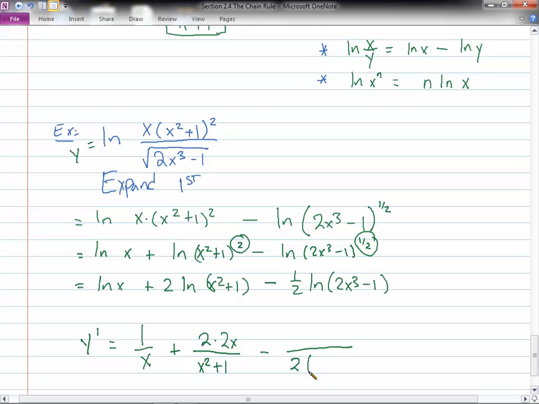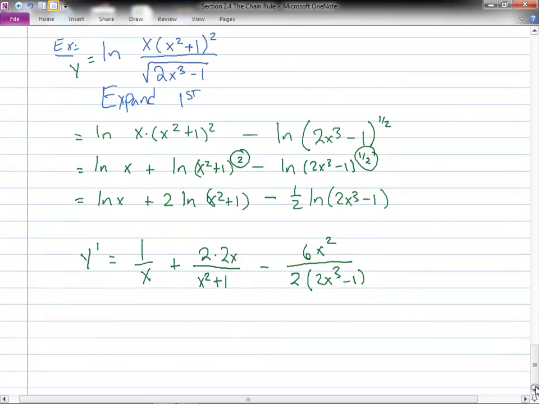You put the 2x cubed minus 1 down here, and you've got 6x squared on top. In other words, you have 1 over x plus 4x over x squared plus 1 minus, this 2 cancels with 2, leaving a 3, 3x squared over 2x cubed minus 1 is the derivative.